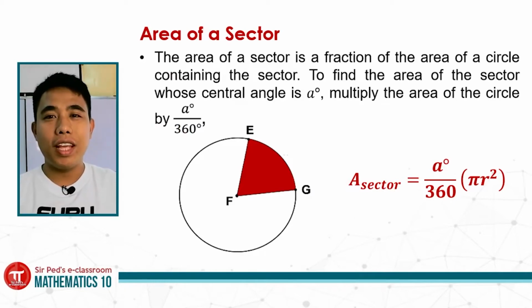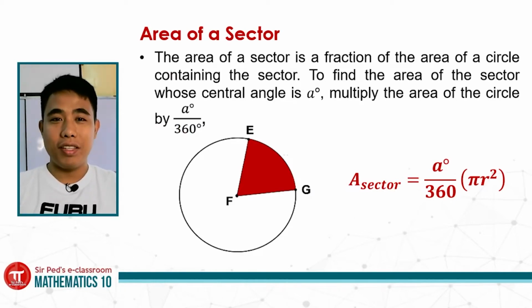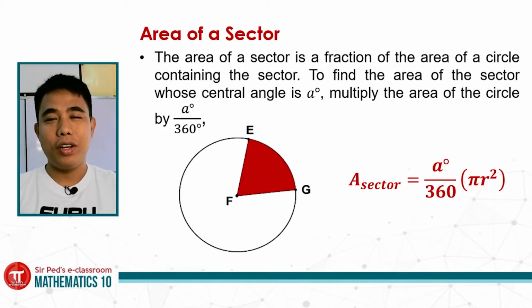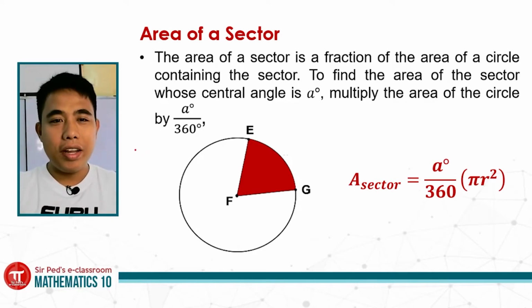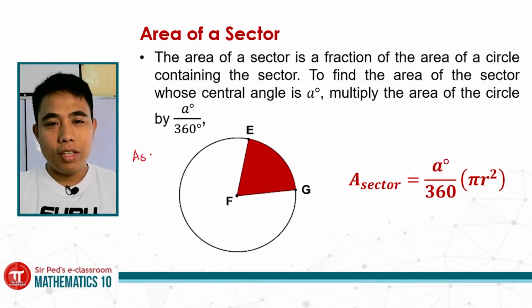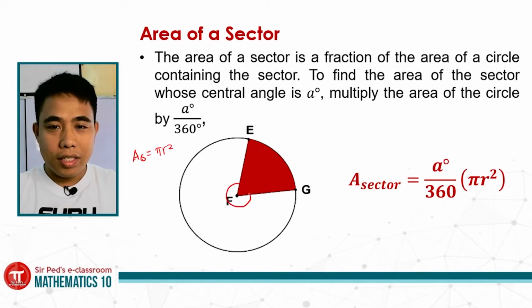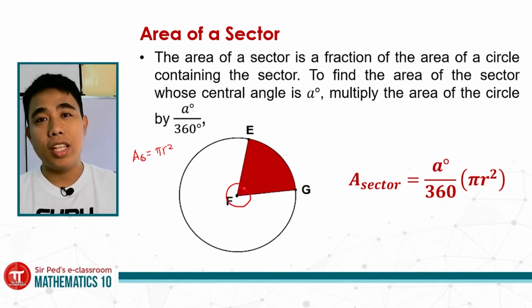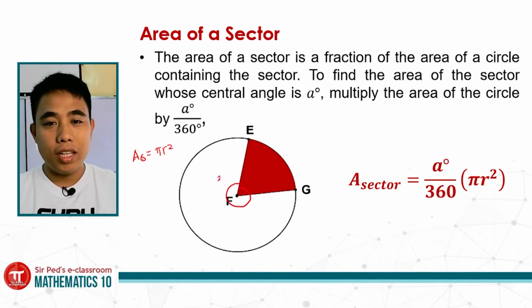And now, let's talk about the area of a sector. The area of a sector is a fraction of the area of the circle containing the sector. Remember that the area of a circle is equal to pi r squared. And the sum of the measures of the central angles of a circle is equal to 360 degrees.